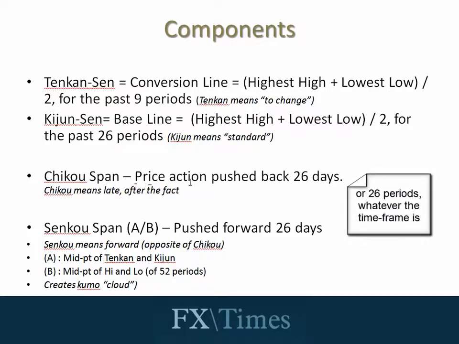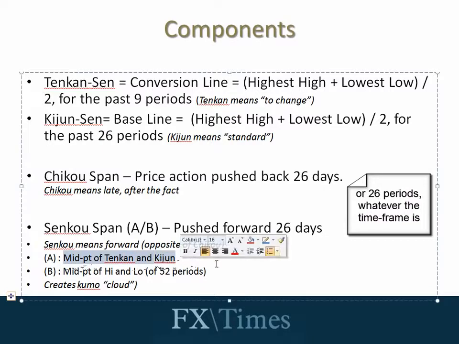Lastly, remember the clouds we saw. There are two lines there. One is the midpoint of the Tenkan and Kijun, and one is the midpoint of the high and low of 52 periods, so a 52 period moving average of the midpoints. That creates a cloud.